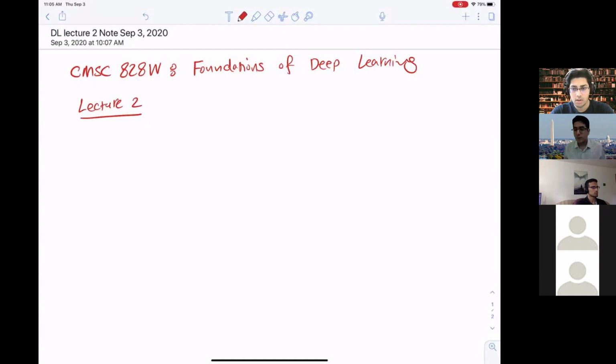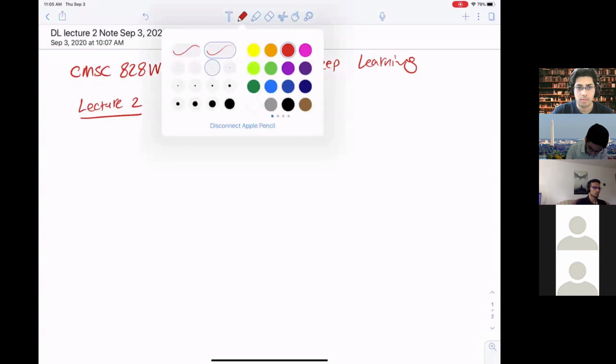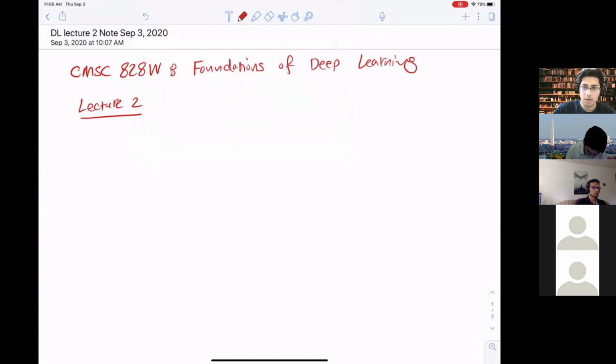So in today's lecture, we are going to talk about optimization problems in deep learning. So here is our agenda for today's lecture.